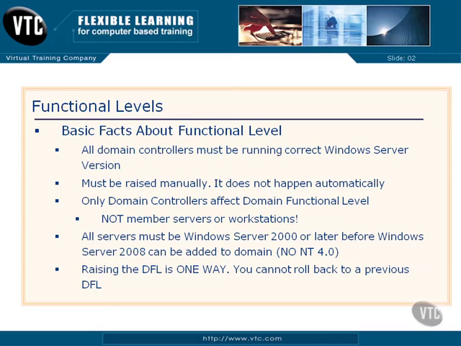You want to make sure that you're not going to have to add some Windows 2000 servers a little bit later on. And nowadays in our economy, the budget can really dictate, hey, we've got a couple of these old boxes. They're running Windows 2000 Server. Let's just stick them in there and save some money. You can't do that if you've already raised that domain functional level.